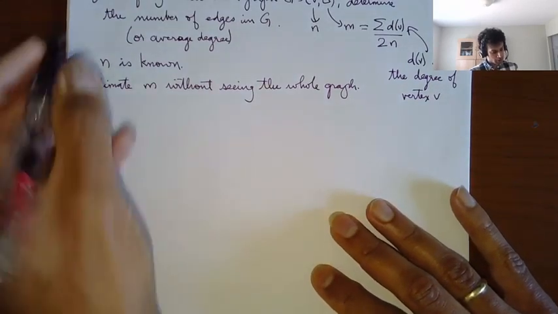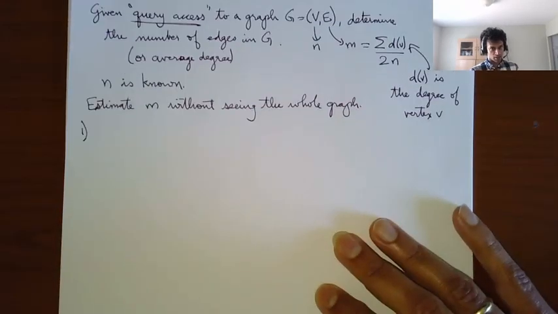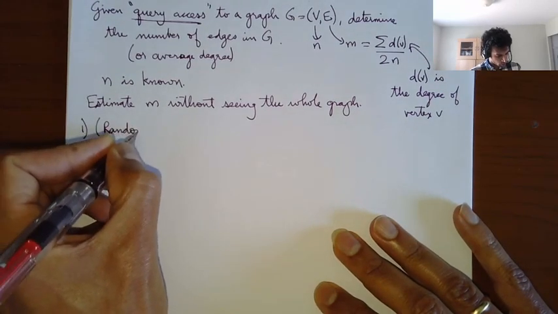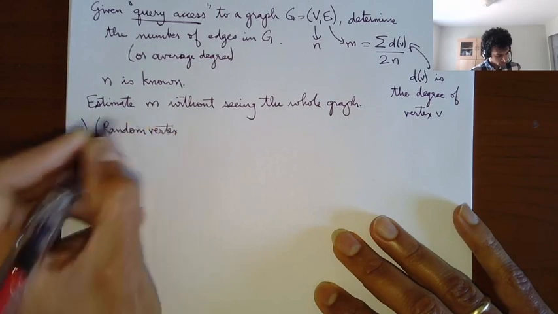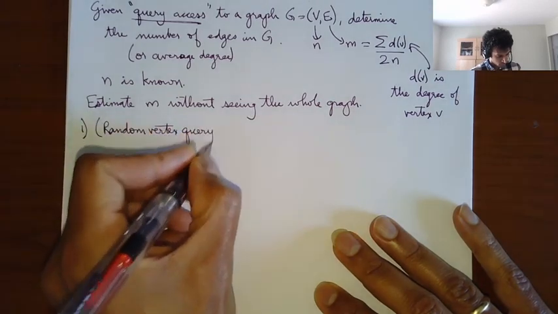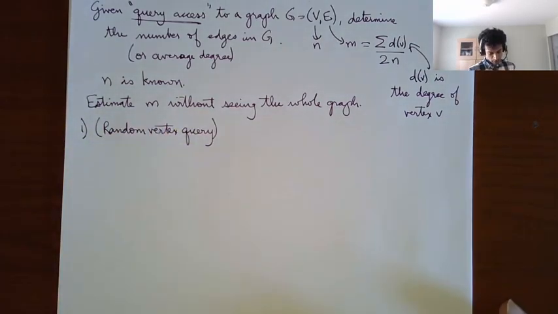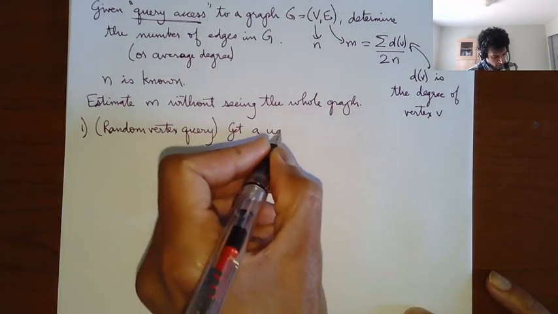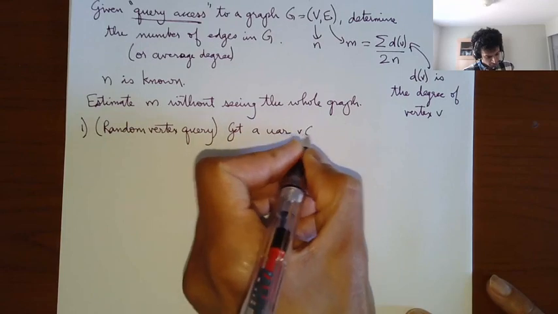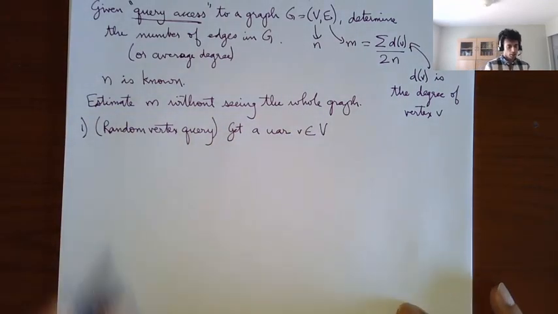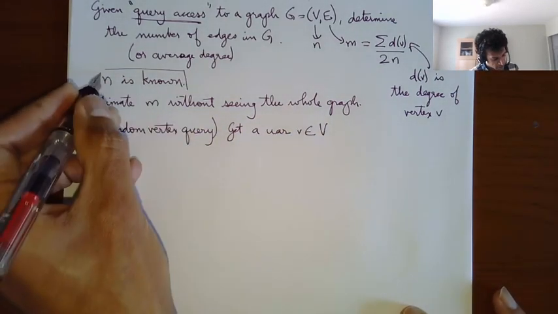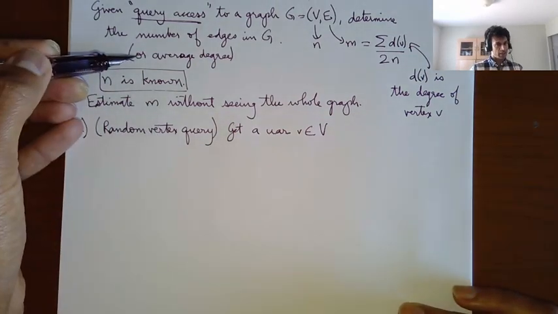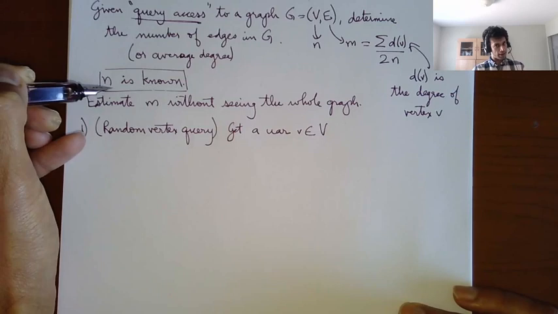You have 3 kinds of query accesses to the graph. The first is the random vertex query, which is to get a uniform at random vertex. By the way, the fact that n is known is only required to determine m. If you want to get the average degree, you don't even need to know n.